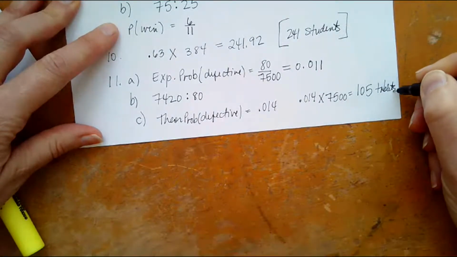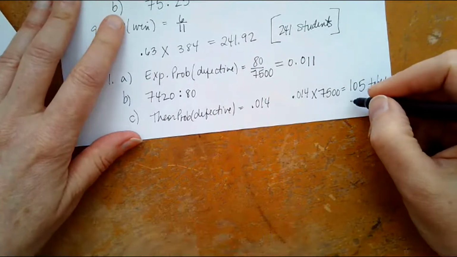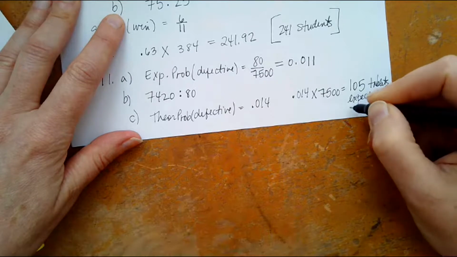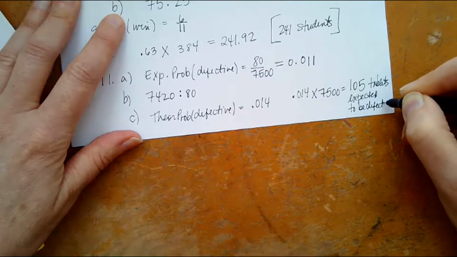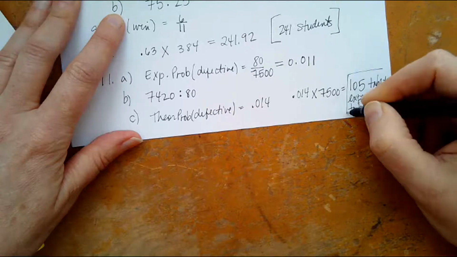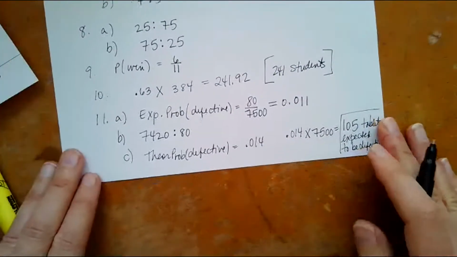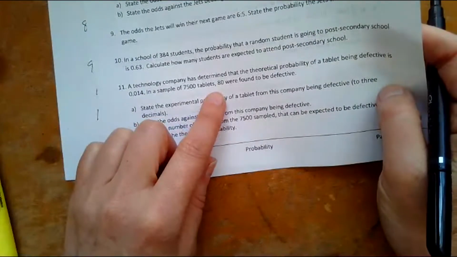Tablets expected to be defective. So what do we say about that? 105 tablets are expected to be defective. In actuality, only 80 were defective.